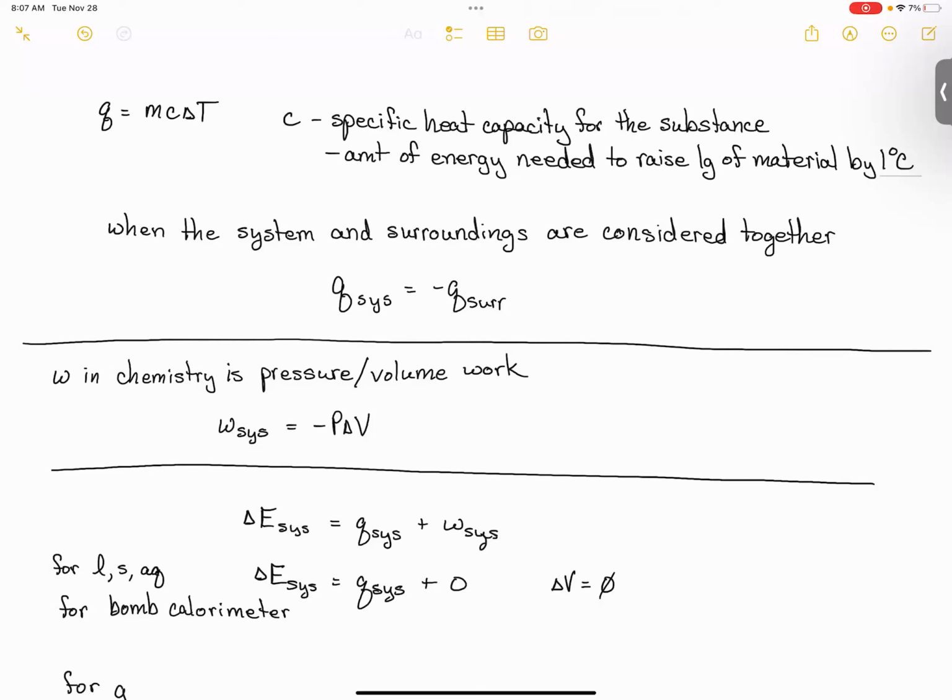Or if you're talking about a bomb calorimeter, the amount of pressure, the amount of volume change is going to be negligible to zero, which means that the work piece becomes zero, and so the energy of the system is simply equal to the Q of the system. Because that delta V is equal to zero, because they don't change much. A liquid is not going to change its volume by any grand amount.